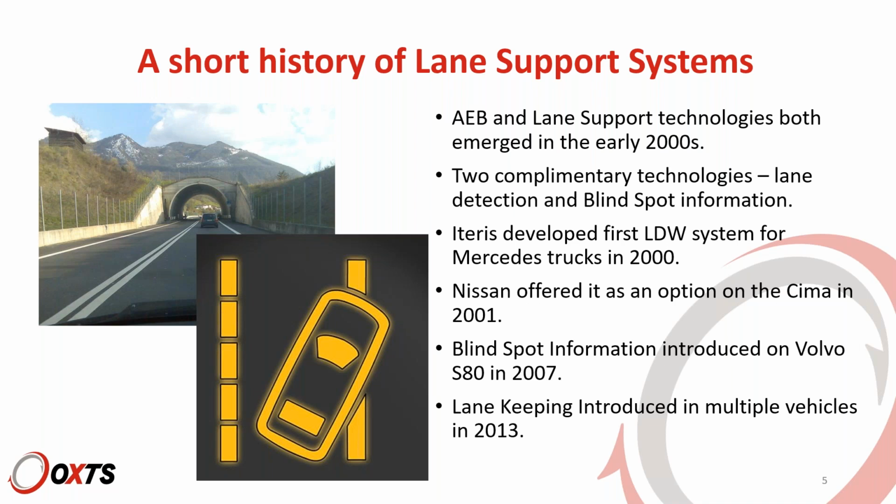But then they started to become slightly more common in Europe, generally in high-end luxury cars such as the Volvo S80 in 2007. And then as technology moved on and lane departure warning started to be linked with drive-by-wire and steering-by-wire technology, various vehicles started to introduce it by about 2012, 2013. It's hard to say exactly which one was the first, but they all came in a big lump in 2013.